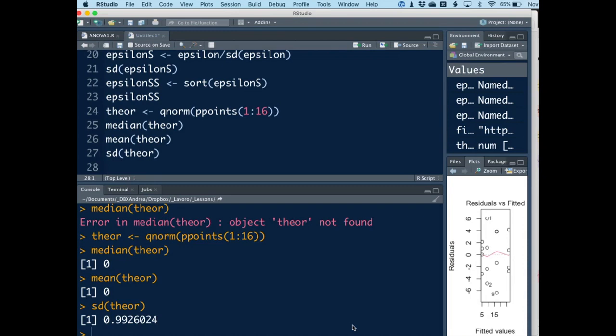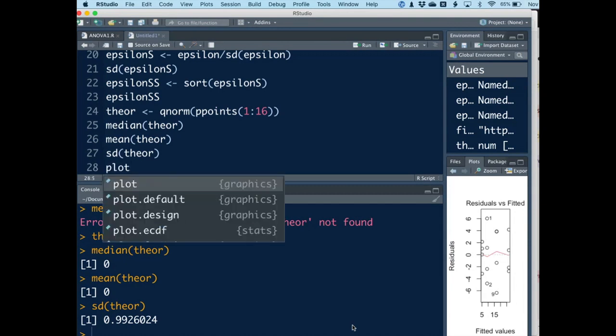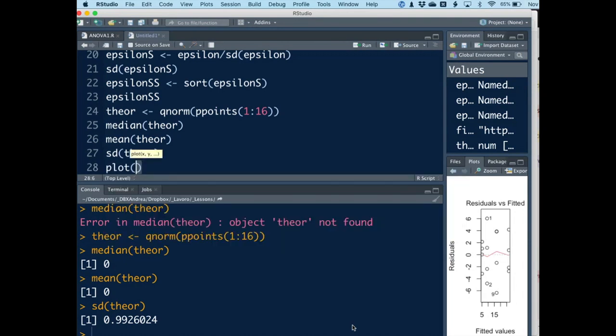So we can plot our residuals and these theoretical residuals one against the other and compare. So we can do plot our residuals, standardized and sorted, against the theoretical residuals.